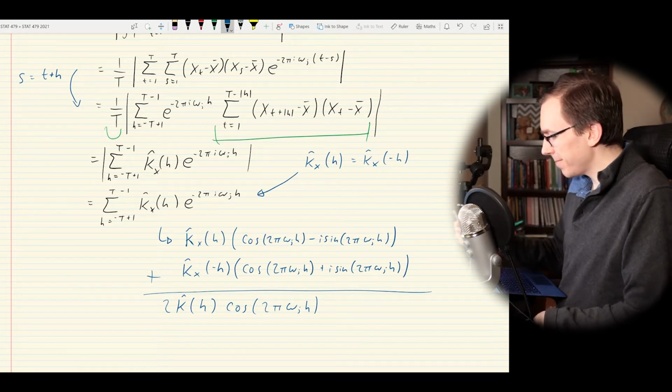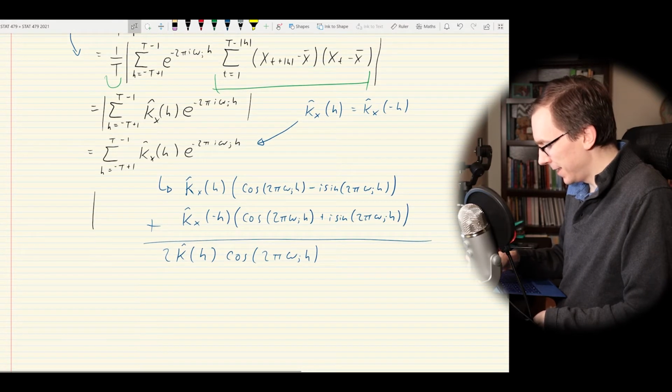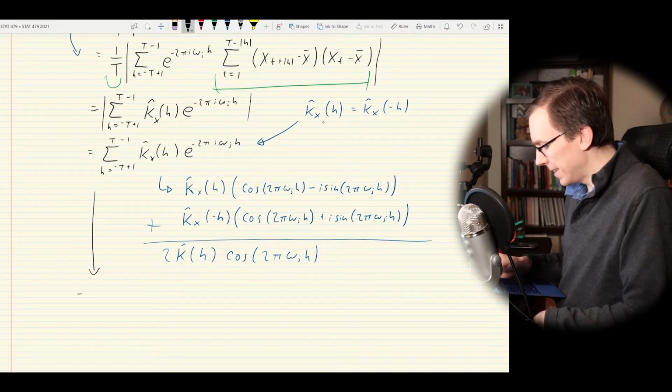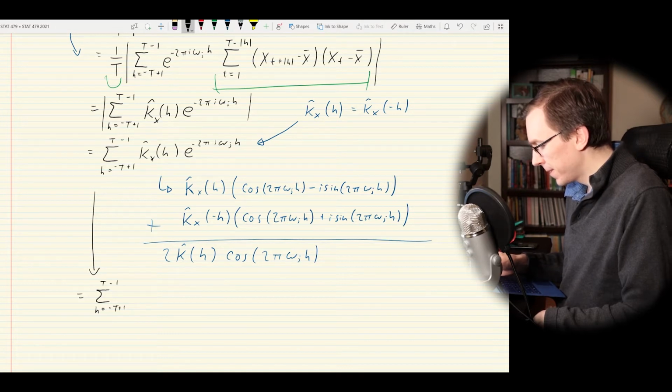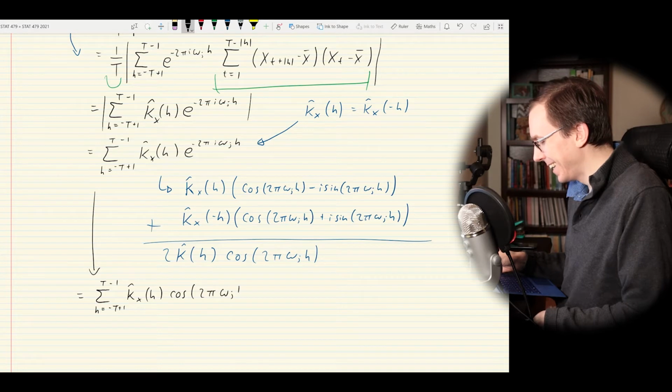So if we follow this down the rabbit hole one step further, this is actually going to be a cosine transform of the autocovariance function: k x h cosine 2 pi omega j h.